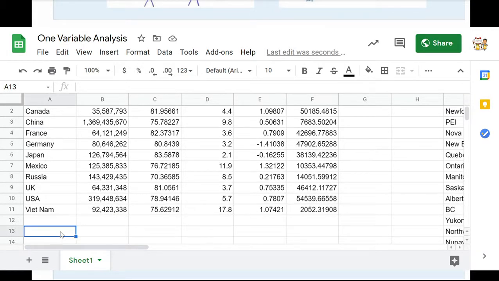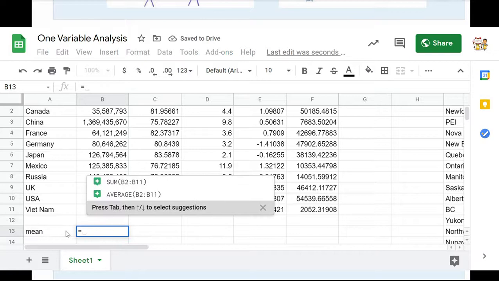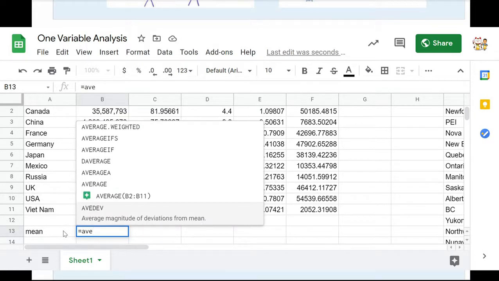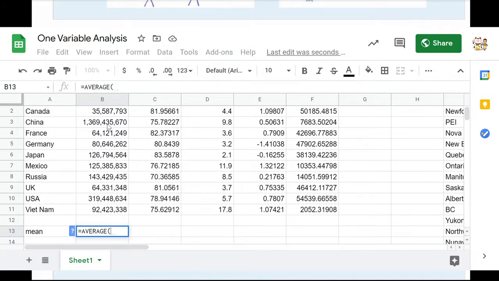The easiest way, if I want to find the mean or the average, if I type equals, I just start to type in average, I can see that it's there. Average, numerical average value, ignoring text, that's the one we want. And then we're going to highlight or select all of our points.